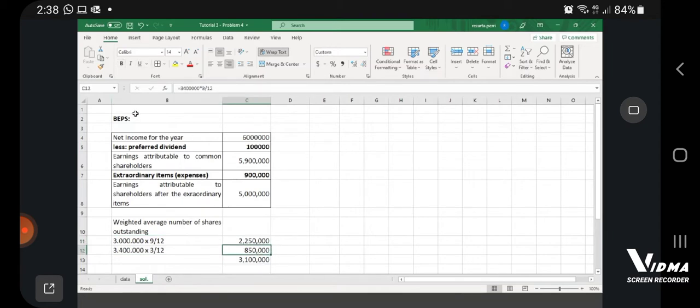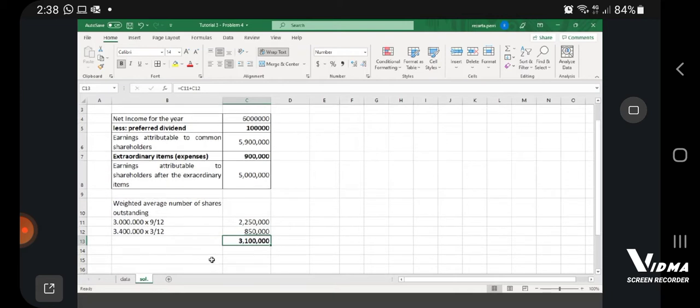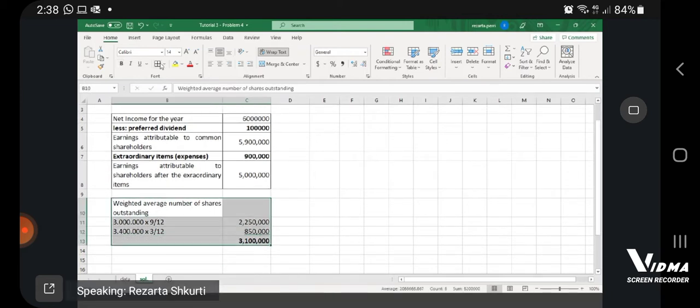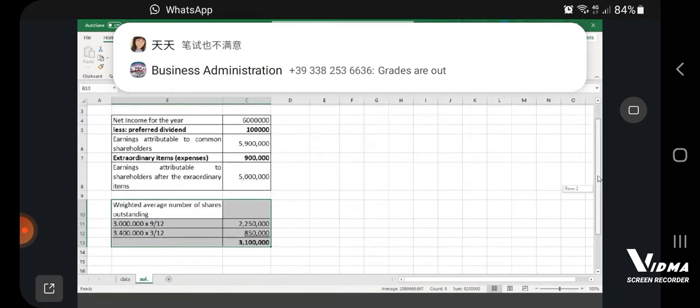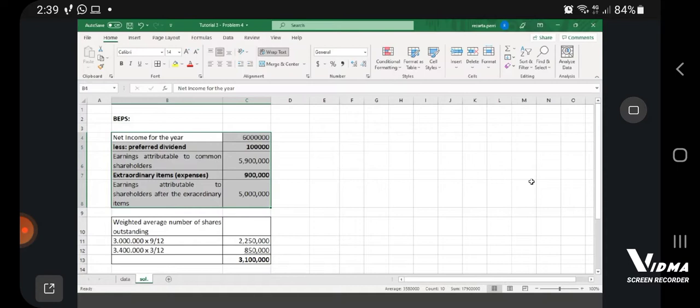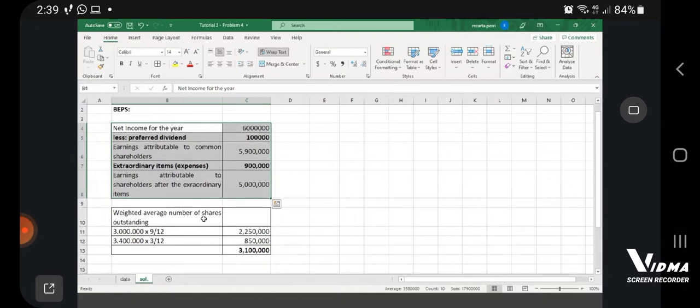So we can calculate the number of weighted average shares: 3,100,000. Now we are ready to calculate and report the two basic earnings per share figures we are required to. Again, in the first part, we take into account different levels of the results of the earnings. And in the second part, we take into account different levels of a number.